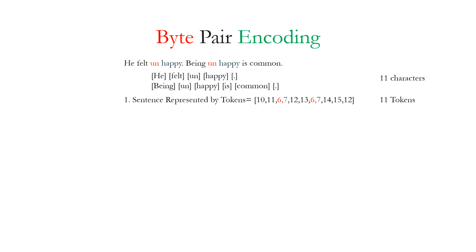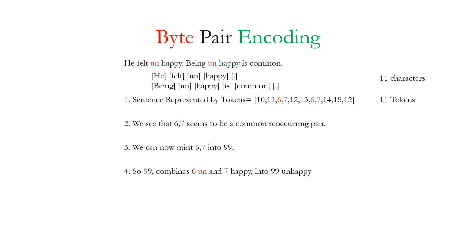So we're going to do some accounting and keep track of how many tokens we lose, which is kind of the main point of this, in the sense that we want a more compact representation. Second, we see that 6, 7 seems to be a common recurring pair, which I just mentioned, okay? We now mint 6, 7 into 99. So 99 combines 6 un and 7 happy into 99 unhappy.